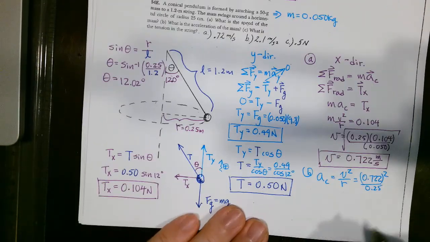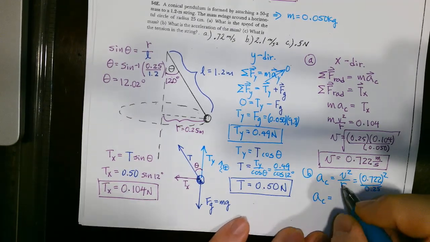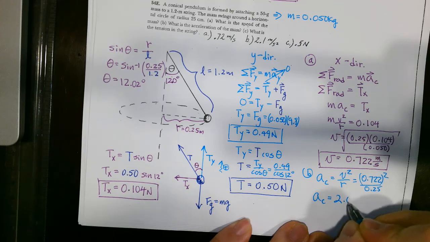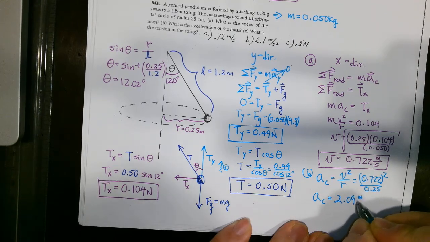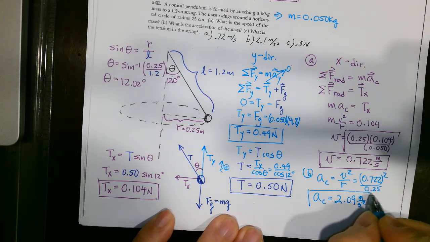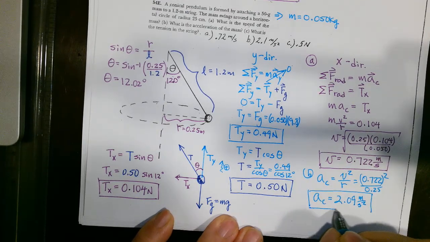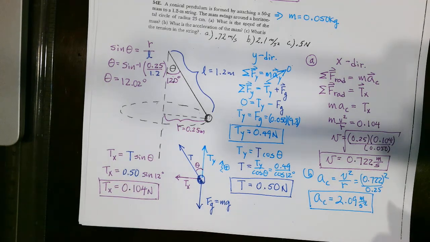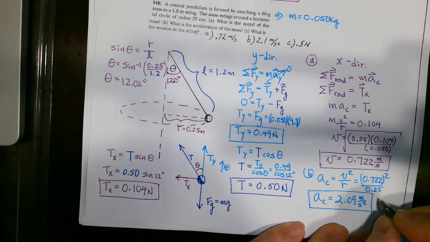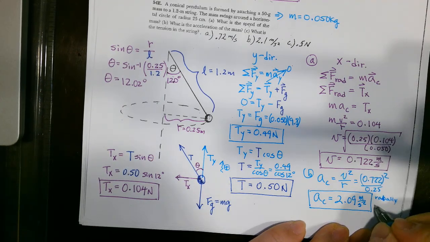So if you work that out, your AC is equal to 2.09 meters per second squared. And that's, of course, radially inward, right?